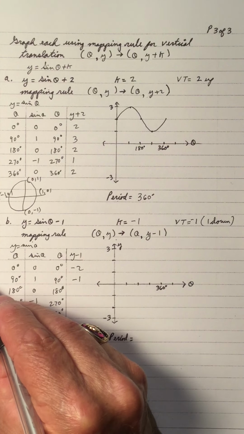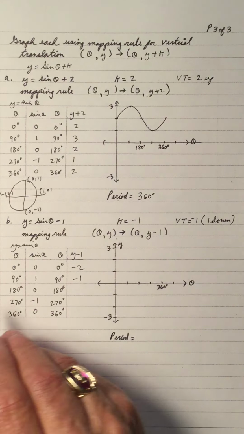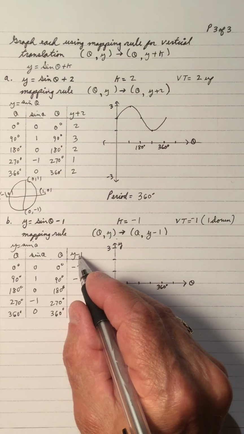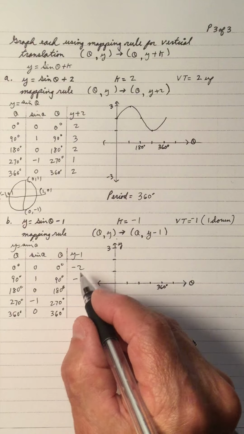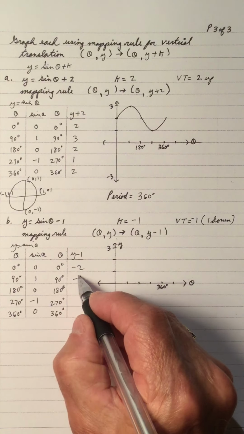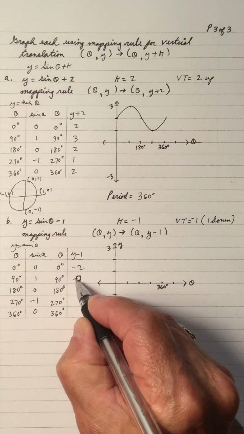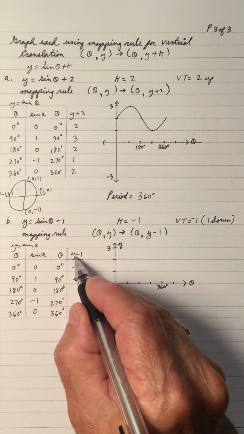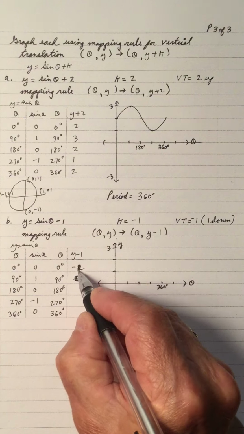And again, we have 0, so we get 0 minus 1, sorry, 1 minus 1, my mistake here. So 0 in here is minus 1, gotta be careful.